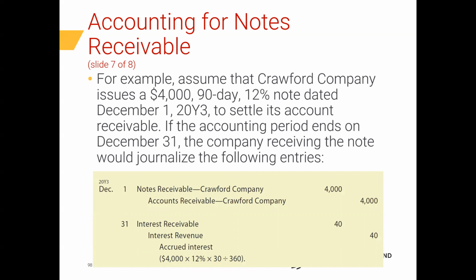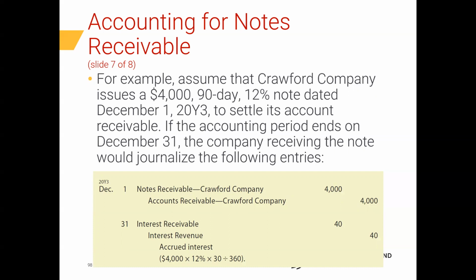Here's another transaction example. We converted a customer's account receivable into a note receivable, $4,000. First transaction, debit note receivable, credit account receivable, and we account for the interest. In this case, it's over 90 days.